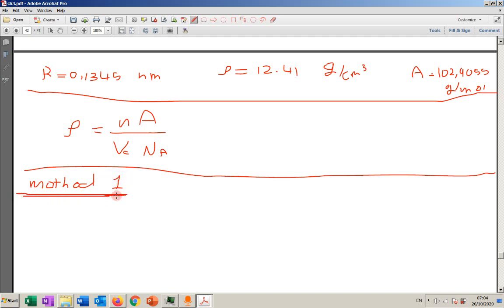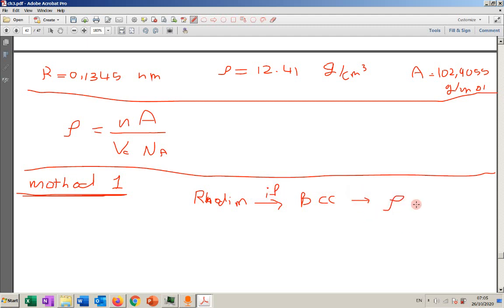In method 1, we'll assume rhodium is one of the crystal structures and we'll find density. Now, let me tell you something. If it is BCC, I can calculate this density, yes?